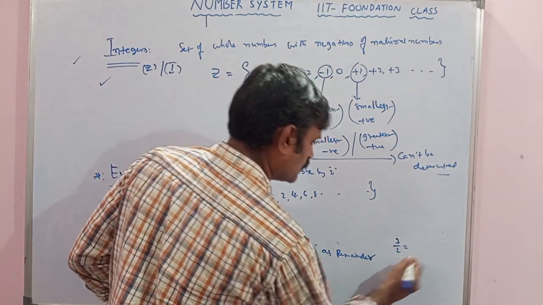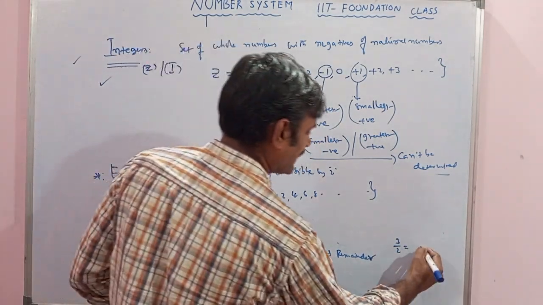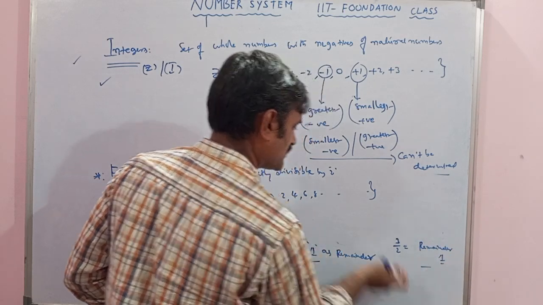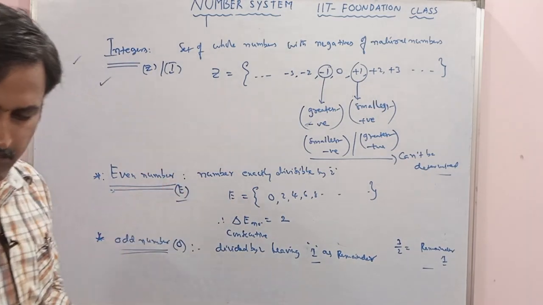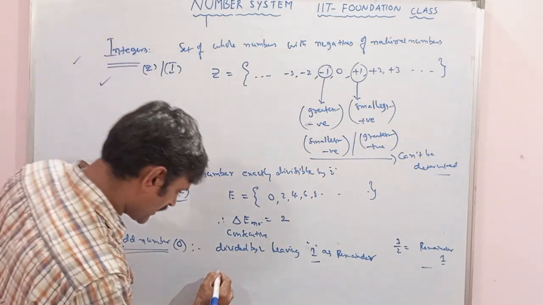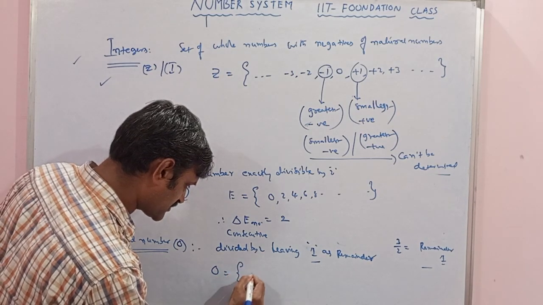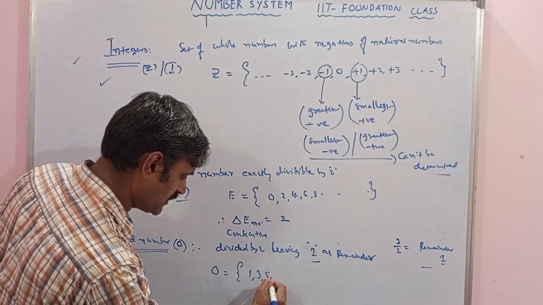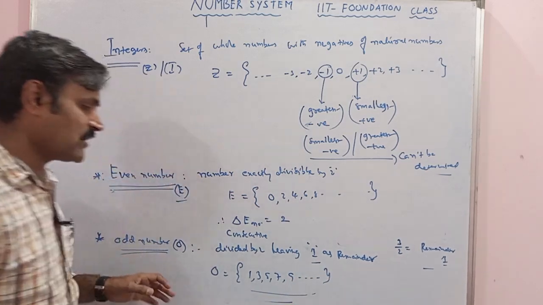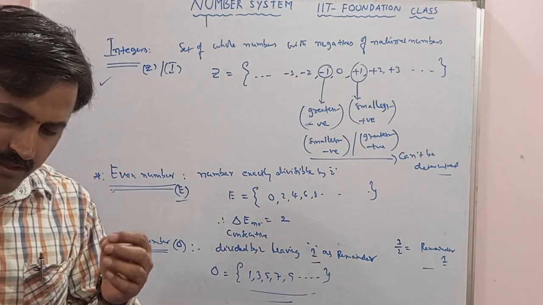For example, if you take 3, 3 divided by 2, what is the remainder? The remainder is 1. So 3 is an odd number. How many such numbers are there? There are odd numbers 1, 3, 5, 7, 9, etc. These are said to be the odd numbers.